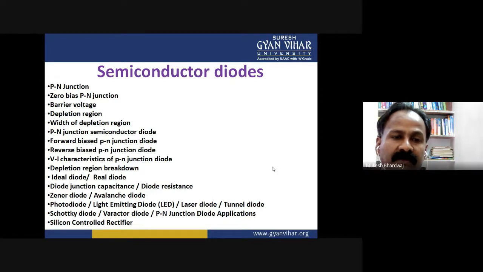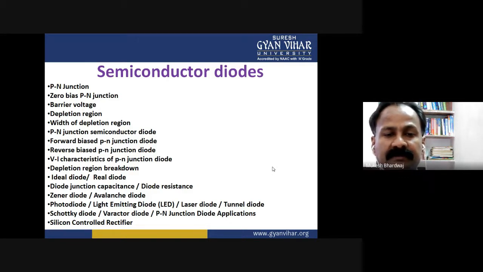What about the width of the depletion region, depending on the various parameters? P-n junction semiconductor diode biasing when in forward and when in reverse, and the VI characteristics, that is voltage current characteristics of the p-n junction diode.